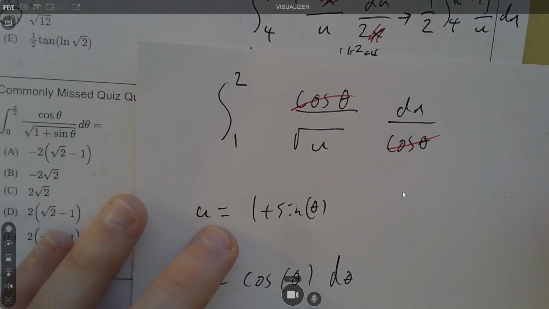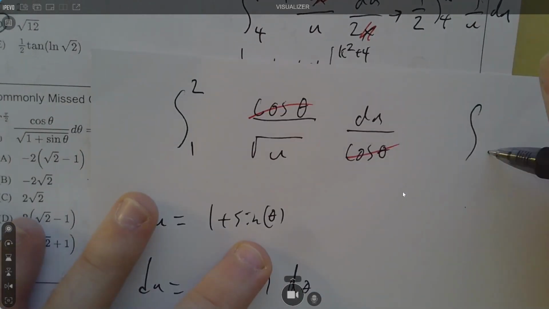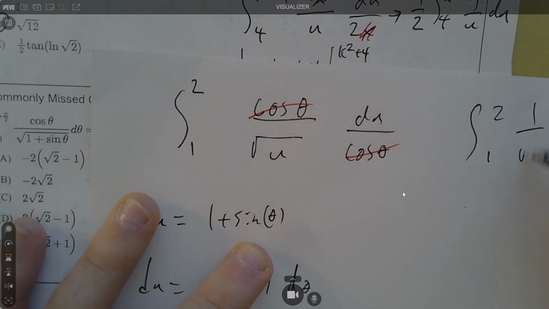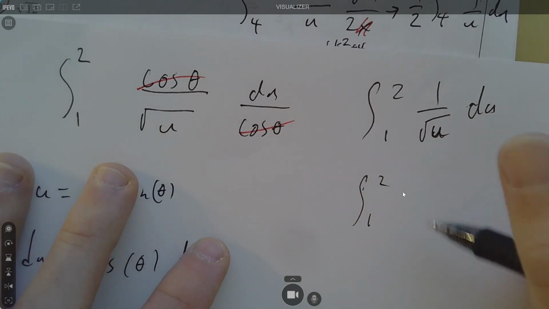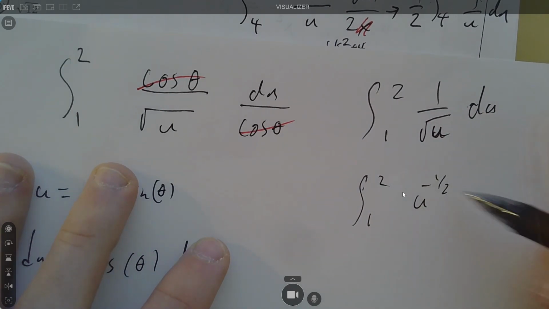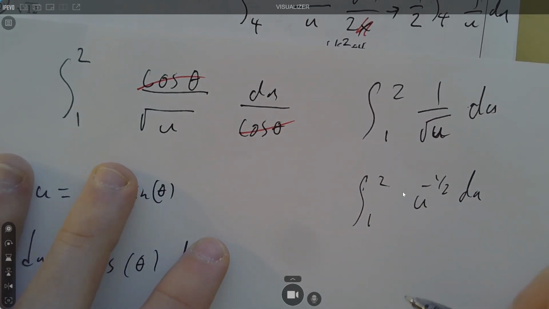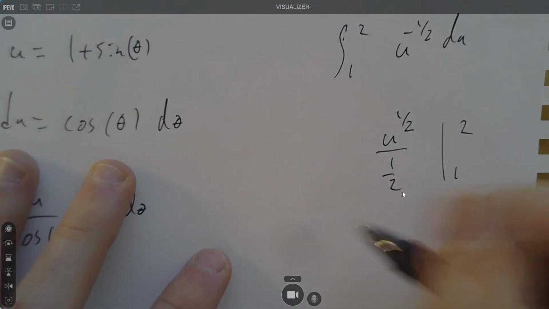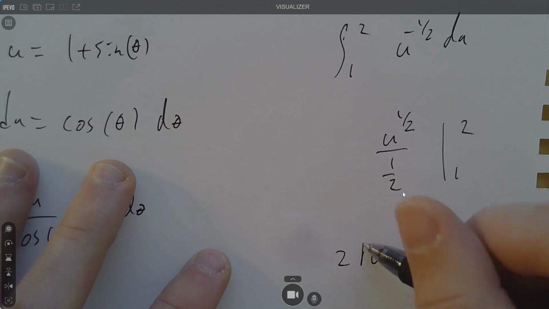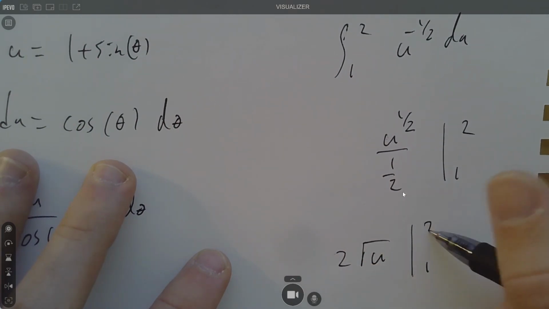And then we'll have integral 1 to 2, 1 over root u du, which then goes to integral 1 to 2 u to the negative 1/2 du, which then becomes u to the 1/2 over 1/2 from 1 to 2, which then becomes 2 root u from 1 to 2.